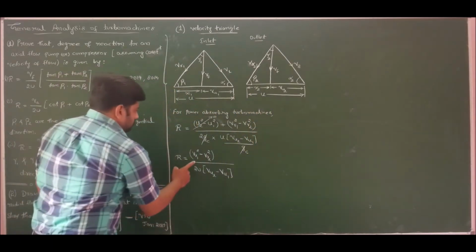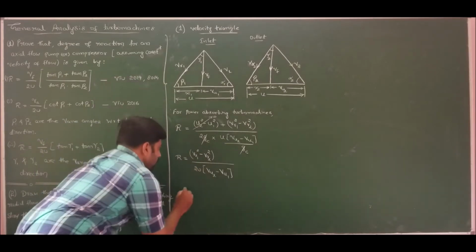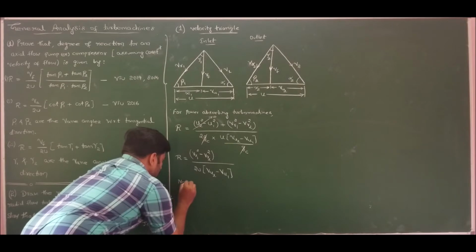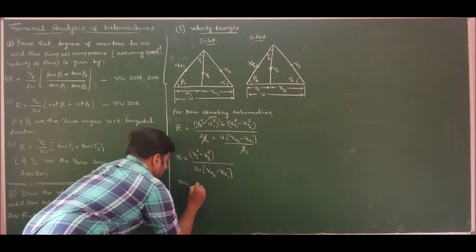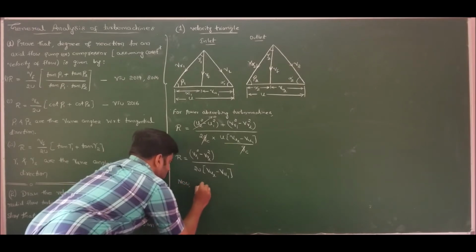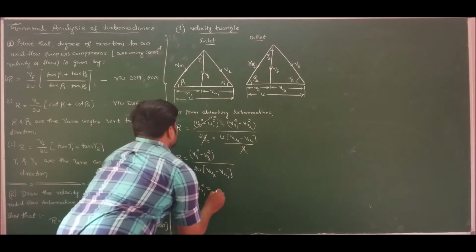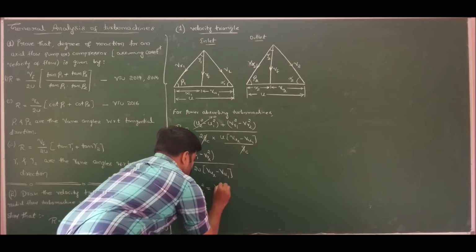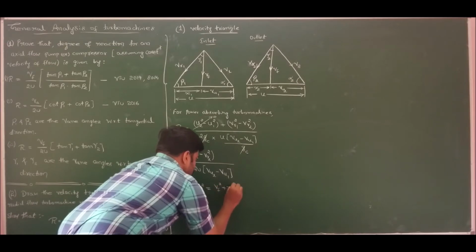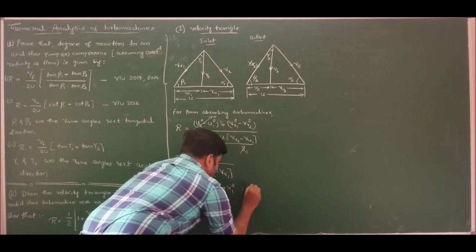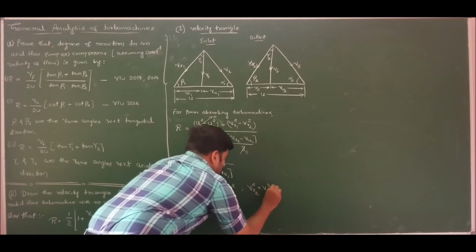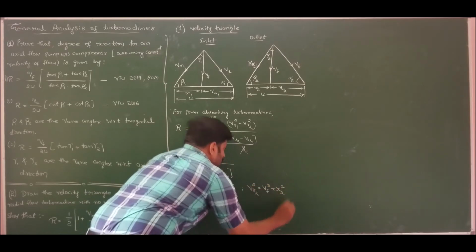Now from the velocity triangle I can write Vr1 square is equal to Vf square plus x1 square. Similarly, Vr2 square is equal to Vf square plus x2 square.